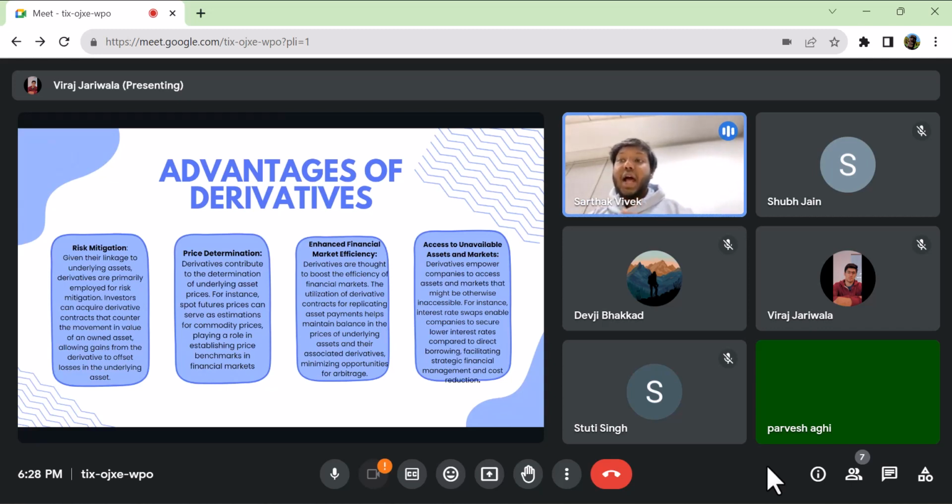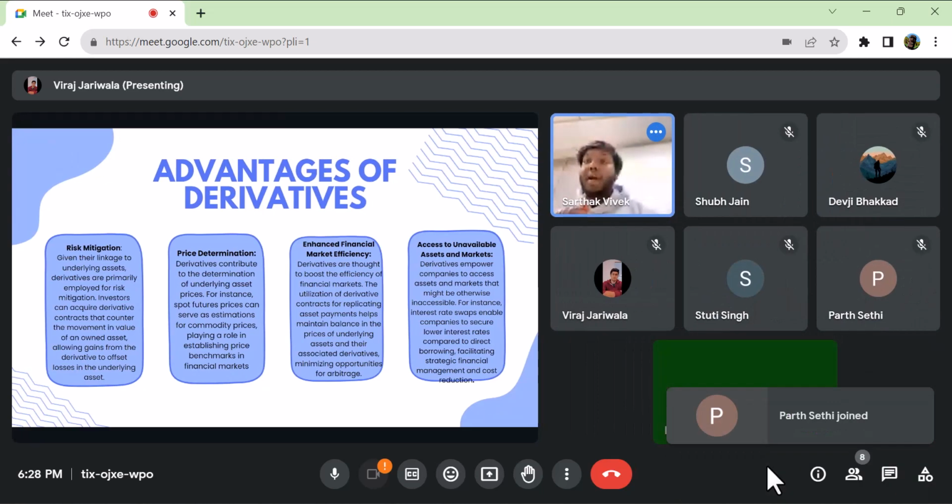The last advantage that I have mentioned is access to unavailable assets and markets. Derivatives basically have the power to access assets and markets that might be otherwise inaccessible to the general public.